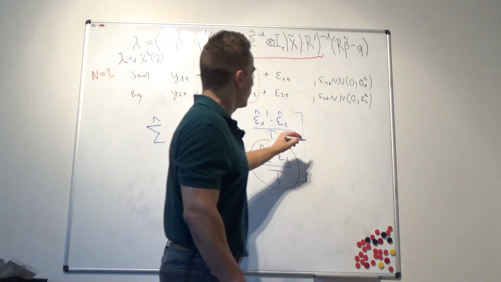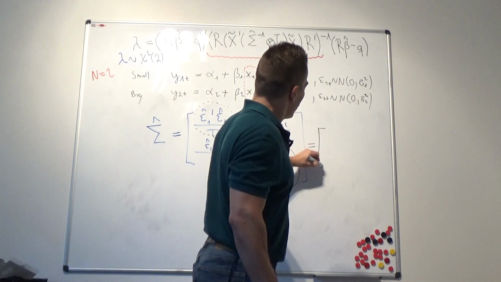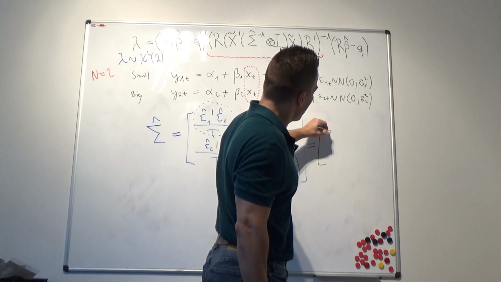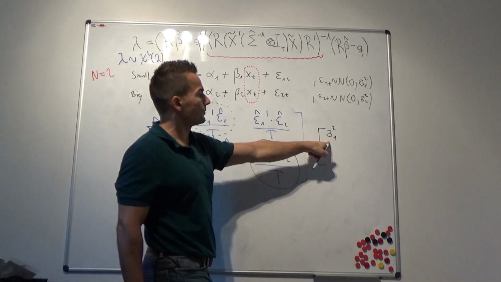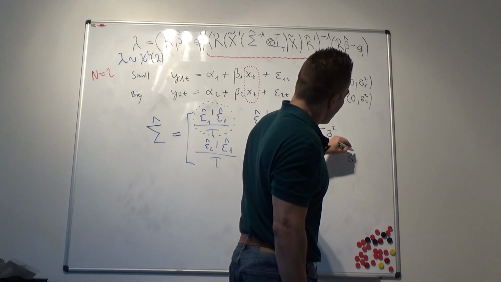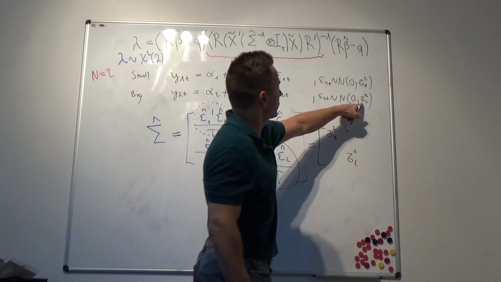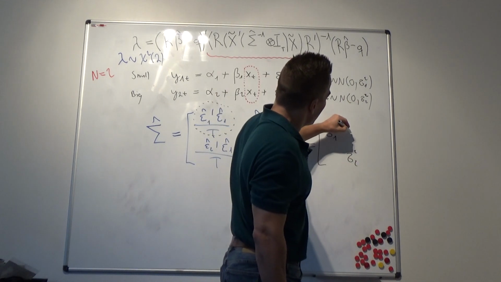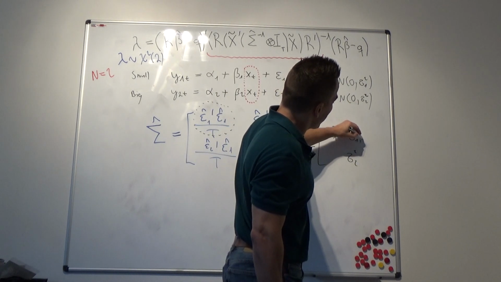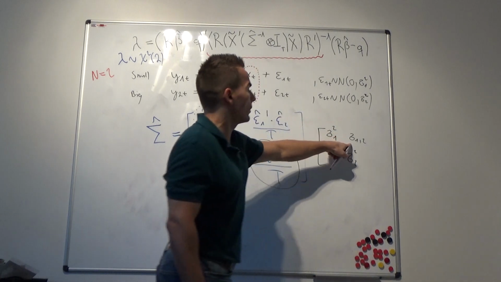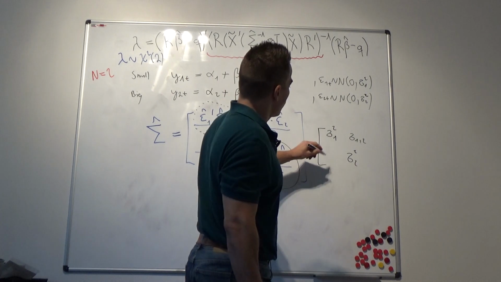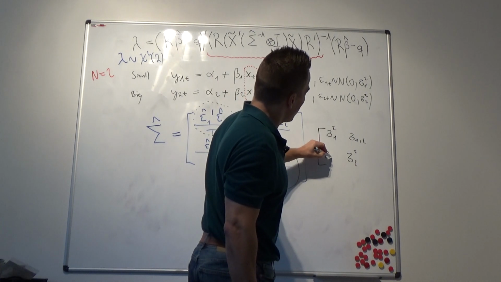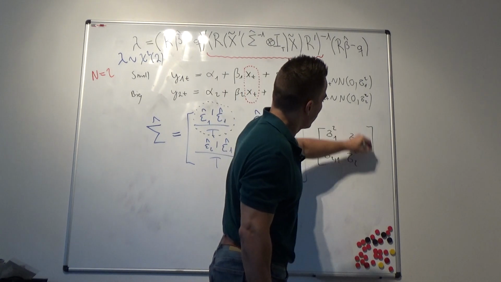We can write this matrix as sigma squared 1, sigma squared 2, and sigma 1,2, which is the covariance between these two residual terms, and sigma 2,1.